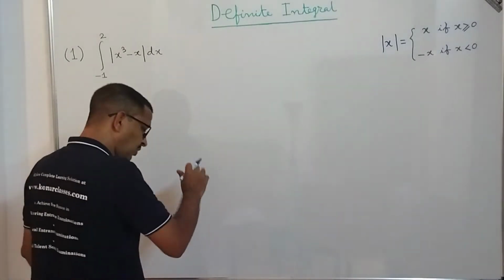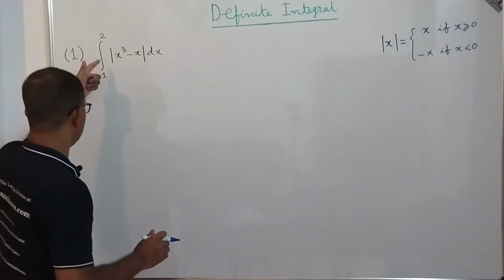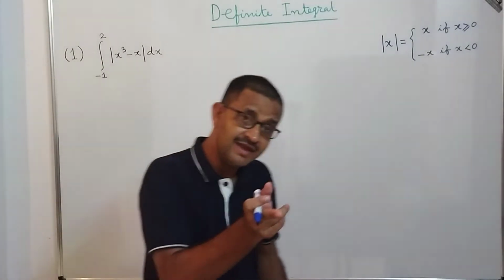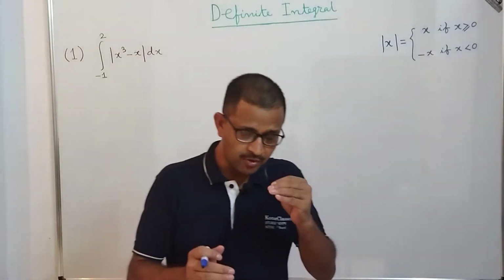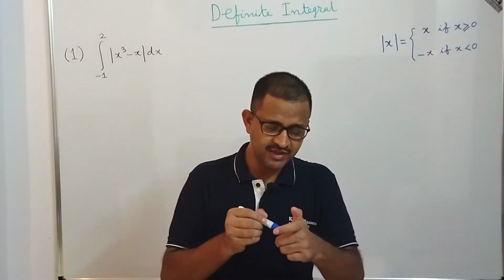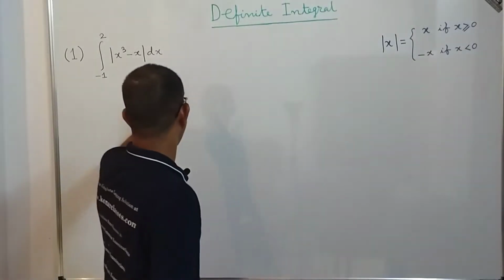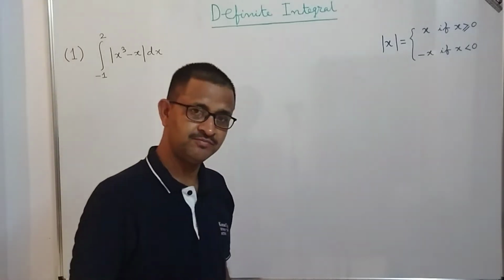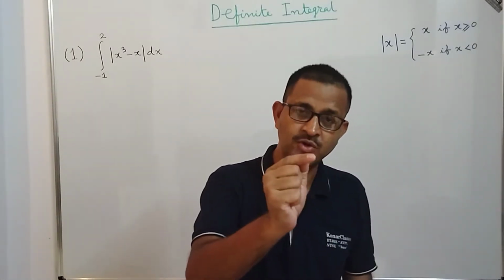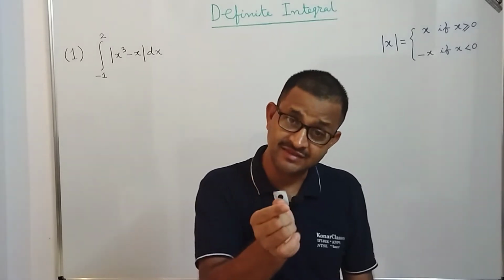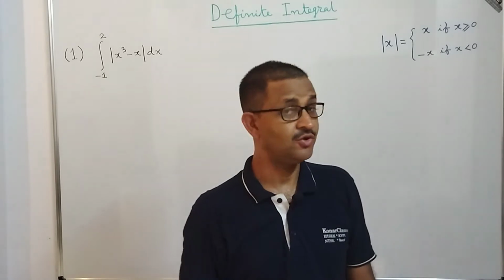And also we need to find at what range between -1 to 2 x cube minus x is less than or equal to 0. Why? In that range from -1 to 2, wherever x cube minus x is greater than or equal to 0, we will take that x cube minus x. And wherever in the range from -1 to 2 x cube minus x is less than or equal to 0, we will take minus of x cube minus x. Why?